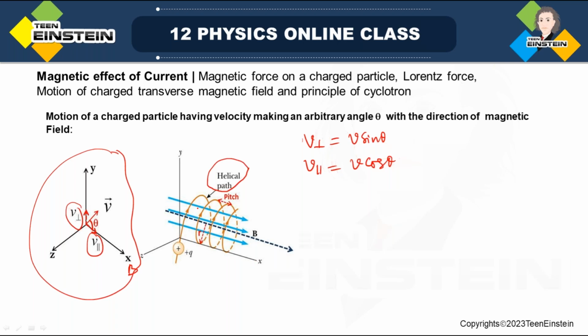But it has two components of the velocity, one parallel component, another perpendicular component. This parallel component is not affected by the magnetic field. Since it is parallel to the magnetic field, it is not affected by B.